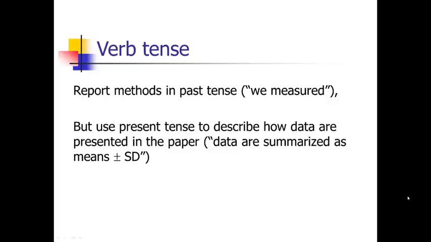So you would say data are summarized. Notice the passive voice there, but again, you might have passive voice in the method section. Data are summarized as means and standard deviations, or Table 1 shows. That's going to be in the present tense because the data still are there. They're still presented in that way.